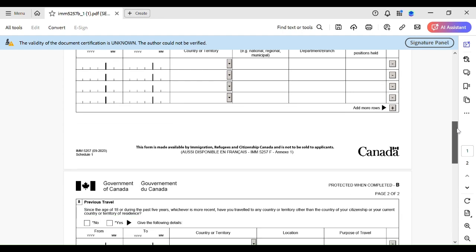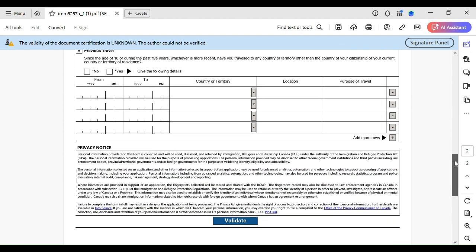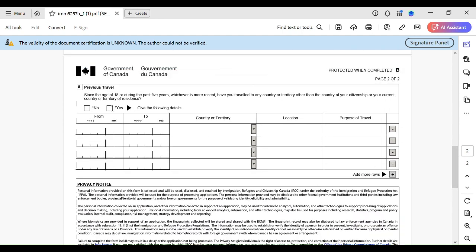And then previous travel. If you had any previous travel, I can tell you this is a very important thing. If you had previous travel, that is significantly better for your application. It will enrich your application many folds. But if you do not have a travel history, that will significantly weaken your visa application, unless you are a very strong scholar student.